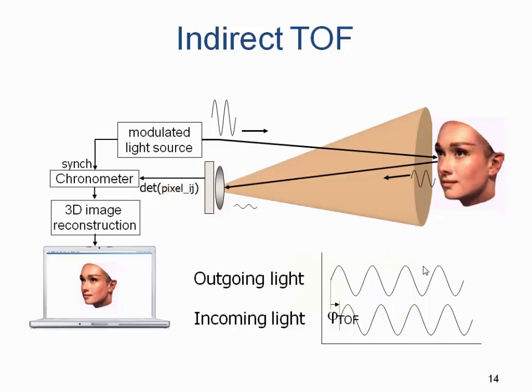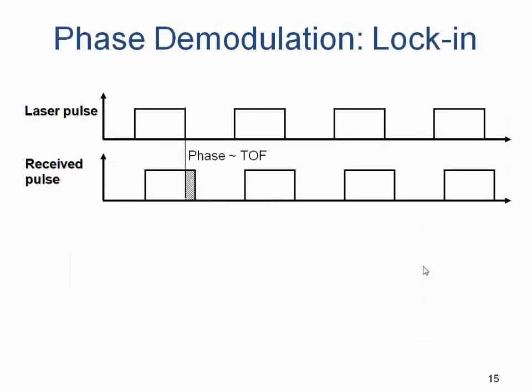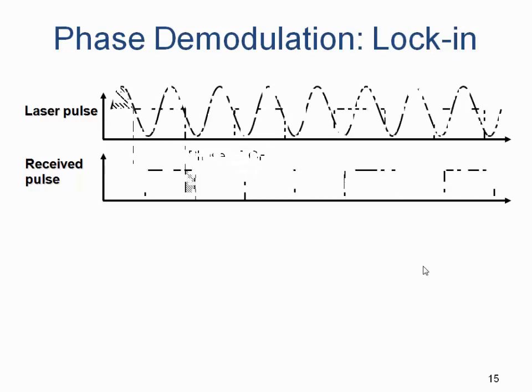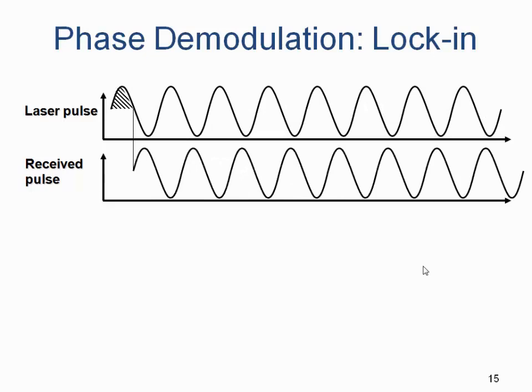So essentially what you're doing is calculating over and over again the phase between the incoming and the outgoing wave, and you try to determine the distance based on that. Let me be a bit more specific. The laser pulse is usually a square wave, and the receiving pulse is also a square wave. So essentially you're trying to determine the dephasing between the two. Now, in order to understand it a bit better, let me replace these two with sinusoids.